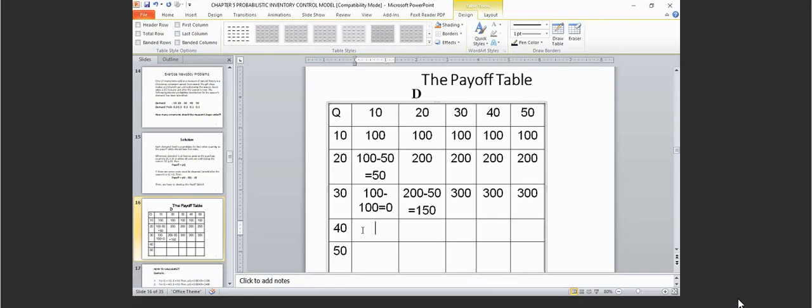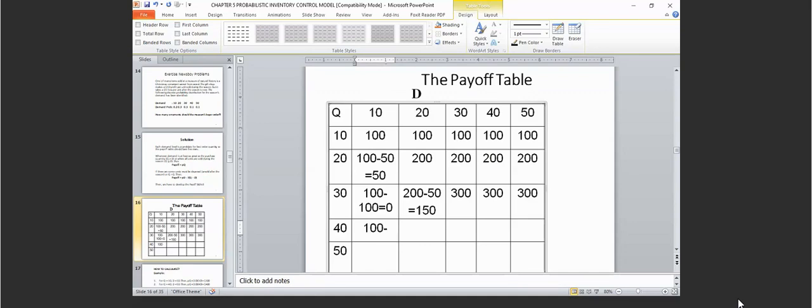Seterusnya, untuk order kuantiti 40 unit, kita hanya berjaya jual 10 unit sahaja kan. Jadi kita hanya berjaya membuat keuntungan sebanyak 100. Berapa loss kita?